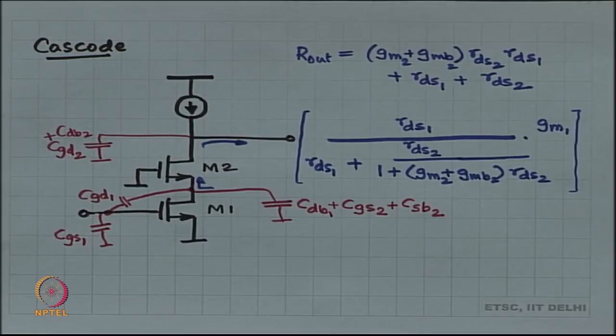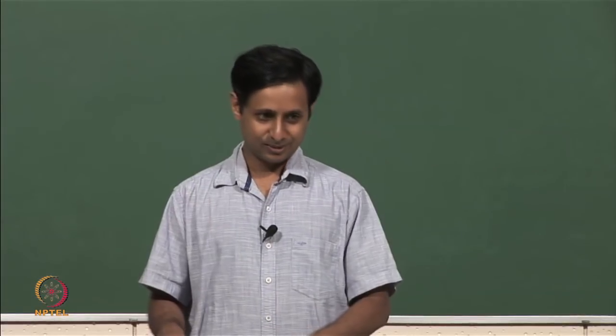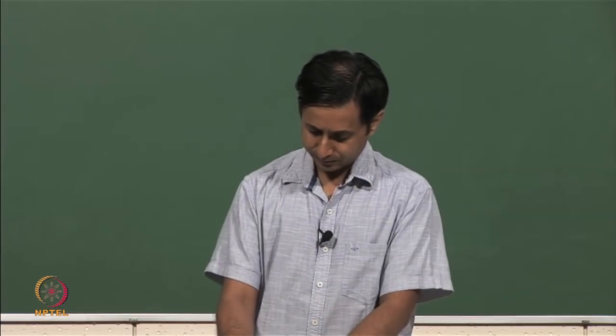Now, instead of writing these complicated expressions, I am going to simplify a bit. Okay, I do not like these complicated expressions. I am going to redraw my circuit in this fashion.